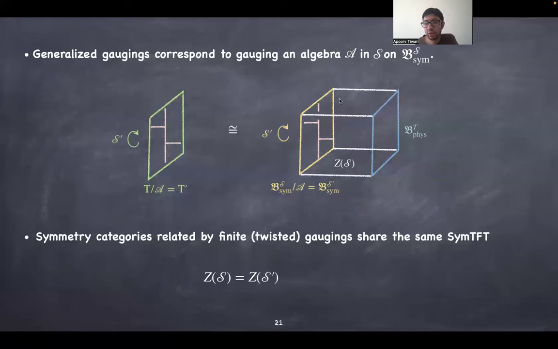And notably, this doesn't do anything to the SymTFT because this entire manipulation is only localized on the symmetry boundary. Therefore, theories that have gauge-related symmetry structures share the same symmetry TFT. And this symmetry TFT can be constructed using any of those symmetry structures. This also includes twisted gaugings, like stacking of an SPT and then gauging and so on.